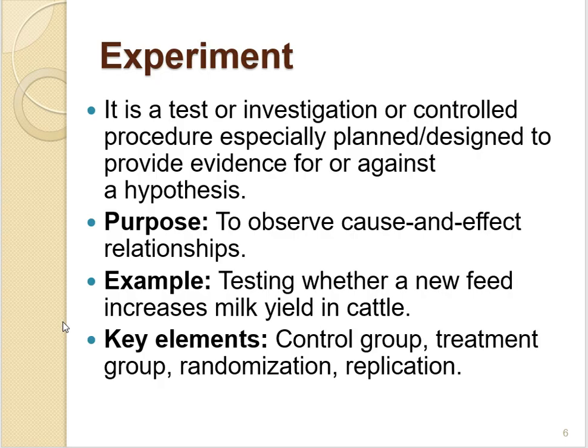It can prove our hypothesis or it can disprove our hypothesis. So its purpose is to observe cause and effect relationship between different variables. Example is testing whether a new feed increases milk yield in cattle. And key elements of an experiment are control group, treatment group, randomization, replication.